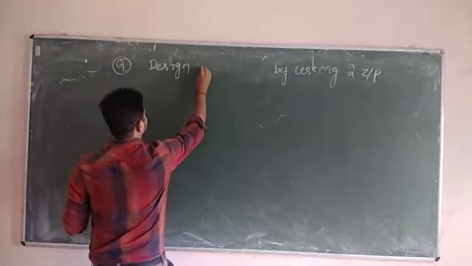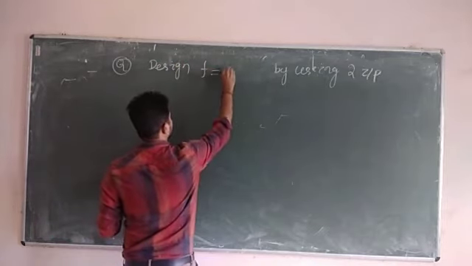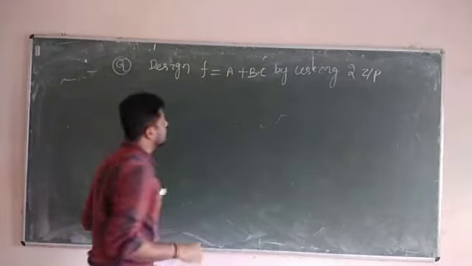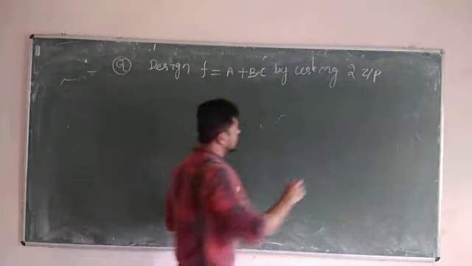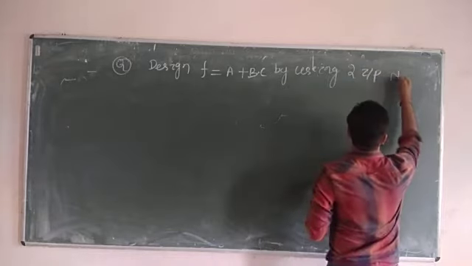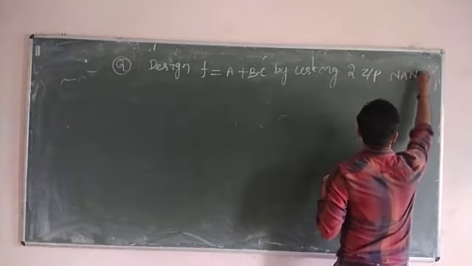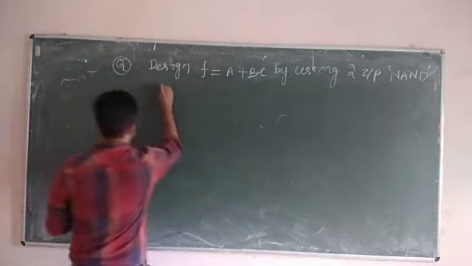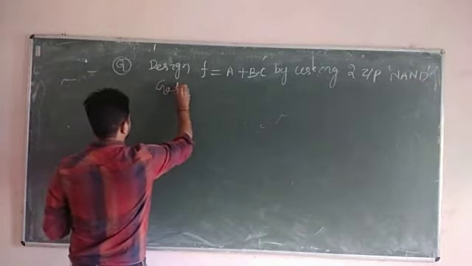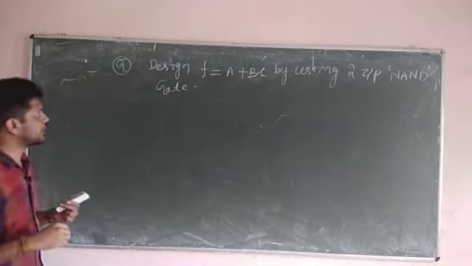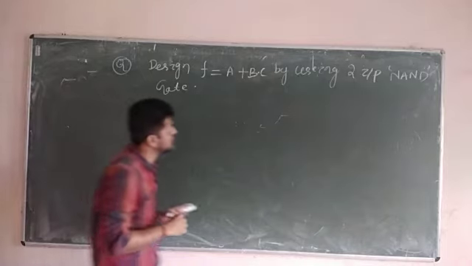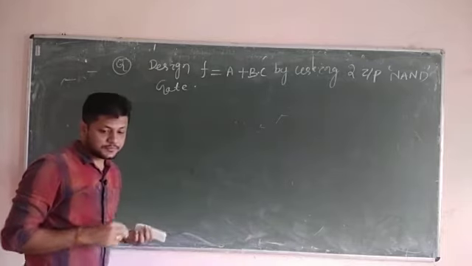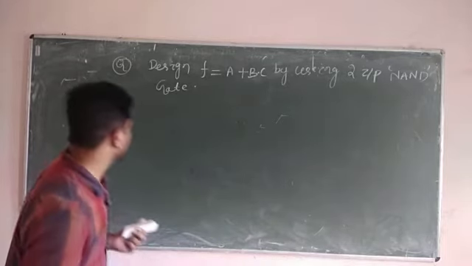Design the function F is equal to A or B and C by using two input NAND gates. This is very important. See how I am going to implement this.